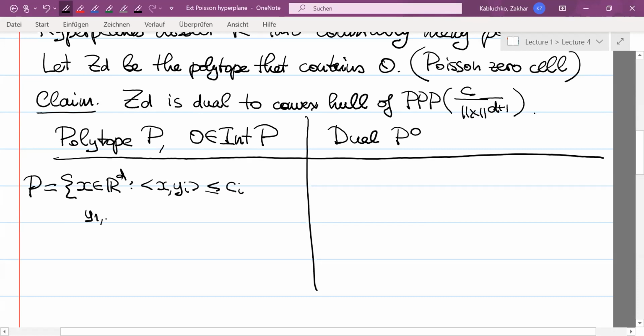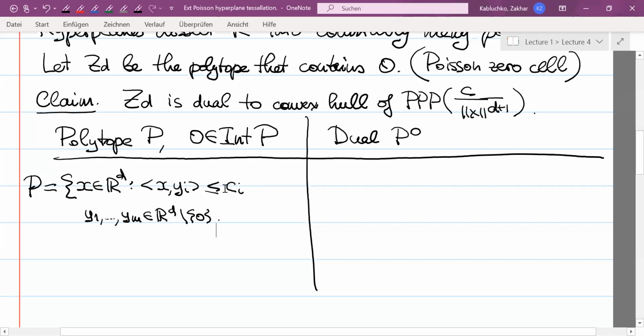Let's say there are m of them, with y_i in R^d without 0. But since we assume that the origin is inside, 0 should satisfy these inequalities, which means c_i should be positive. Moreover, it should be strictly positive because the origin is in the interior.